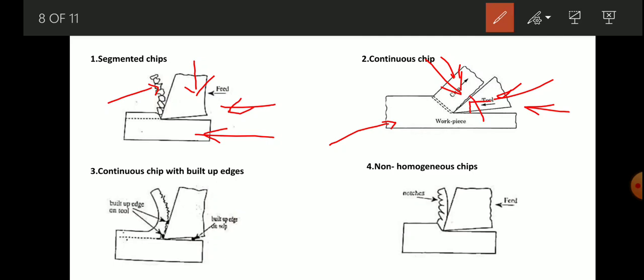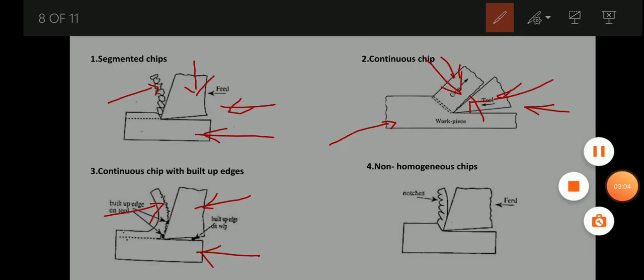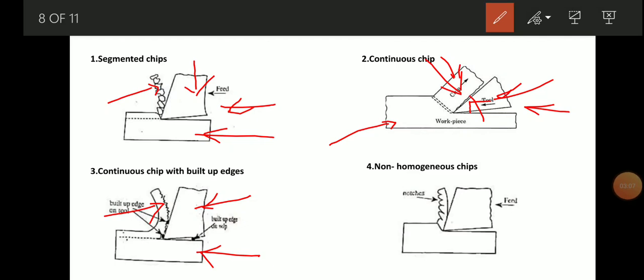Now let us see continuous chip with built up edges. Here we can see a simple sketch which consists of tool, workpiece and a chip. Here, when machining ductile materials in conditions of high local temperature, extreme pressure and friction may cause the work material to weld on the cutting edge of the tool, forming a built up edge.